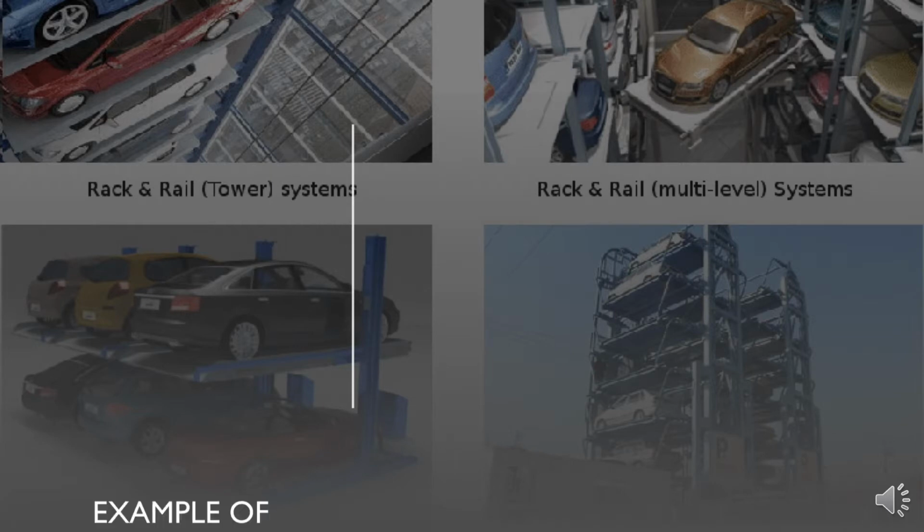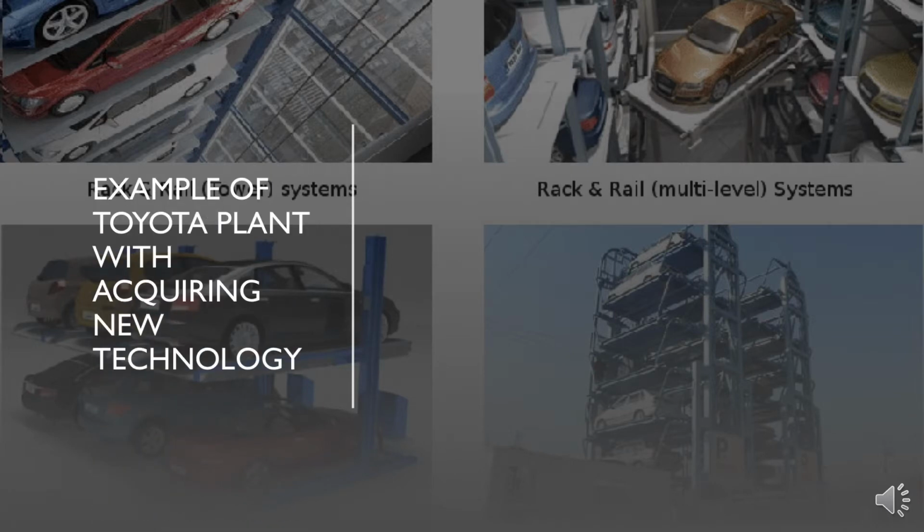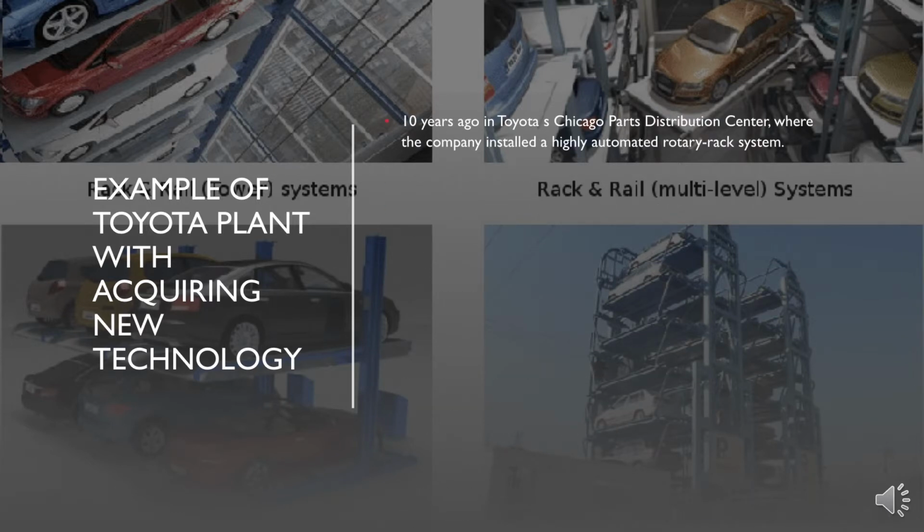So let's see one example of a Toyota plant acquiring new technology. Ten years ago, in the Toyota Chicago Parts Distribution Center, the company installed a highly automated rotary rack system.